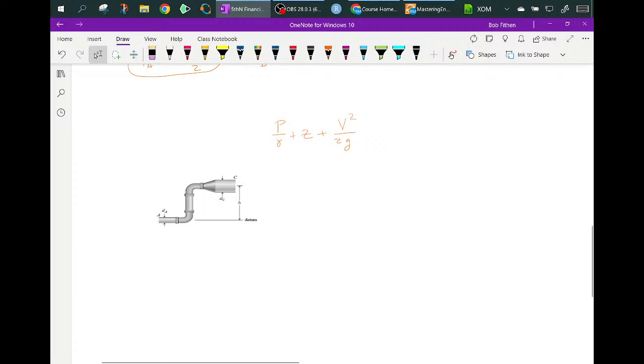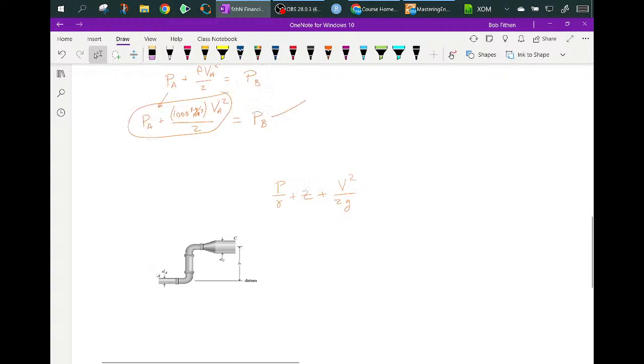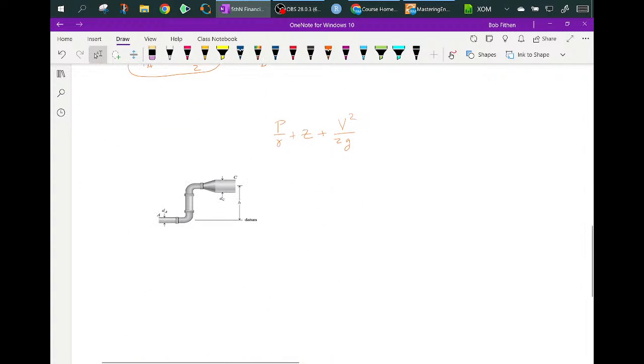He says pressure at point A is equal to some number, and the velocity is some number as well at A. The pipe diameter is down there.